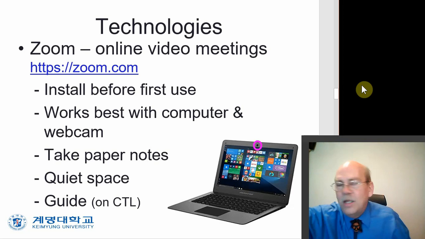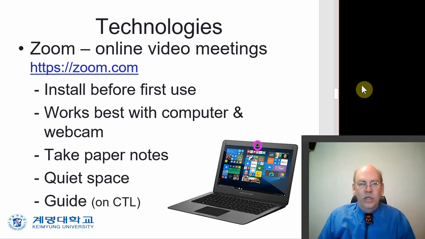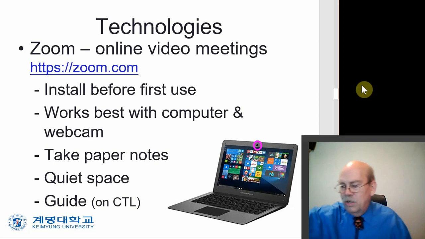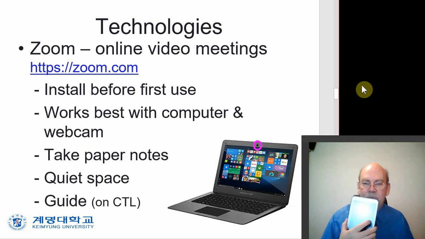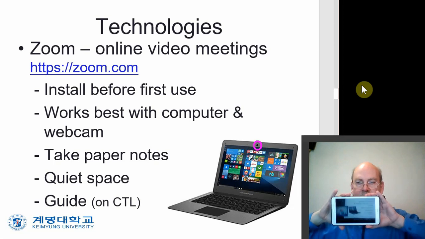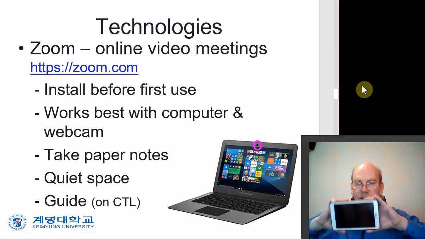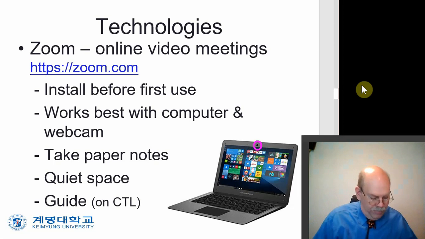So anyway, it's best if you use a real computer. You can use your smartphone, and my phone is very big. I have an 8-inch Samsung Galaxy Tab, and it's that big. Which makes it easier.